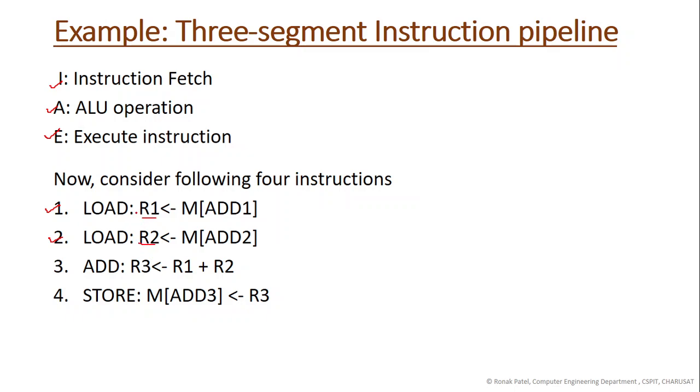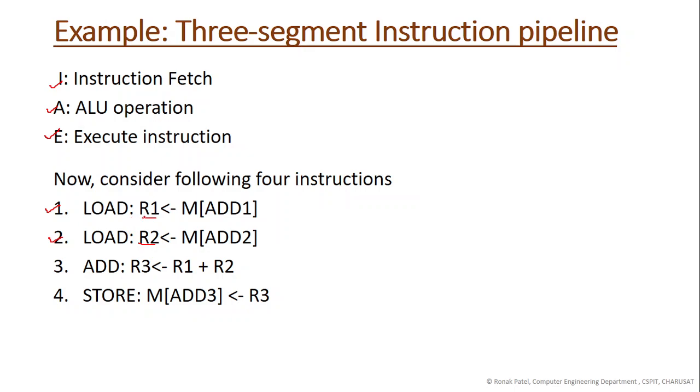So first it will fetch the instruction, then it will perform the ALU operation. In this instruction, what will be the ALU operation? It will just transfer the value from memory to register, and then the result will be stored into R1. Same way for this one. Here the conflict will not happen, as we have 2 different buses, one for instruction, one for operand.